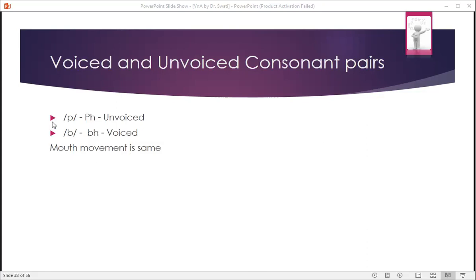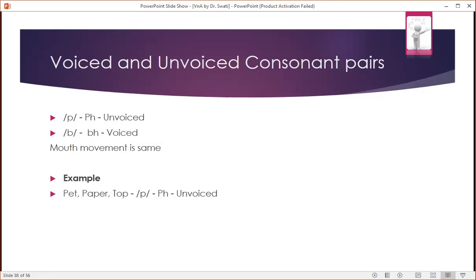Okay, so now if you see over here, this symbol is giving a sound p, and this is giving a sound b. Now let's see p, b. Just say it and you can realize the difference.